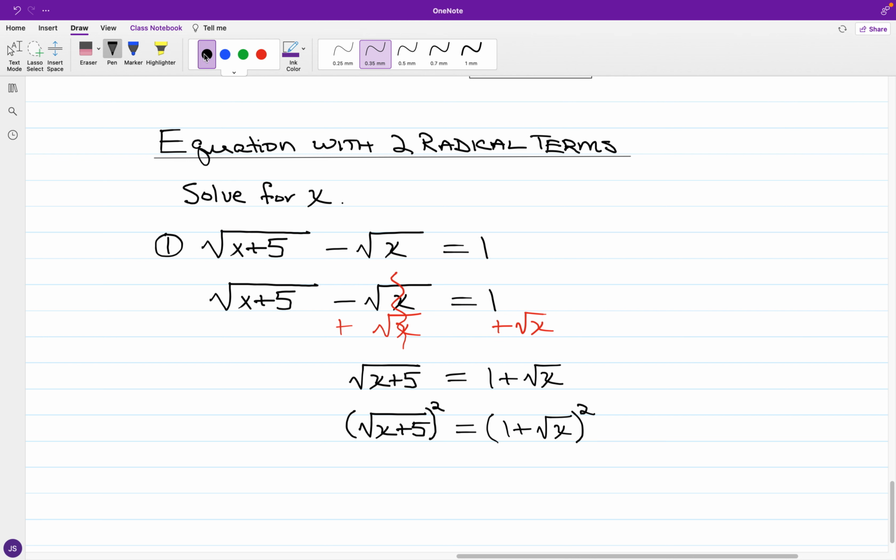So for the square root of x plus 5 squared, that's going to be x plus 5.